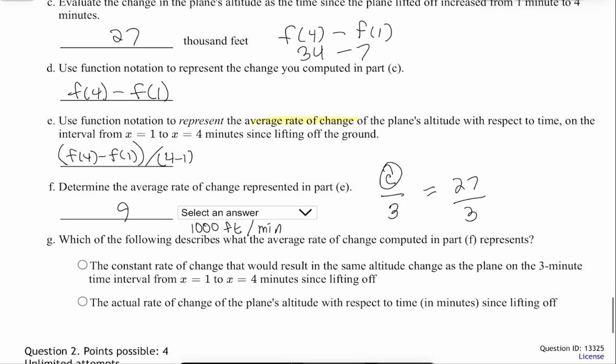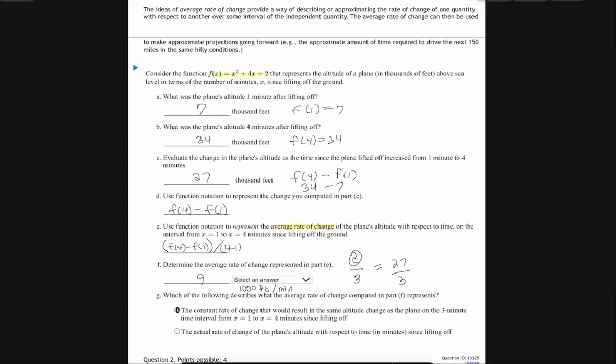Well, that is the constant rate of change, if they were going perfectly the same thing every time from 1 minute to 4 minutes. It's not the actual rate of change, because they might have been going at a different rate each particular second, each particular minute, okay? So everybody done then with that problem?